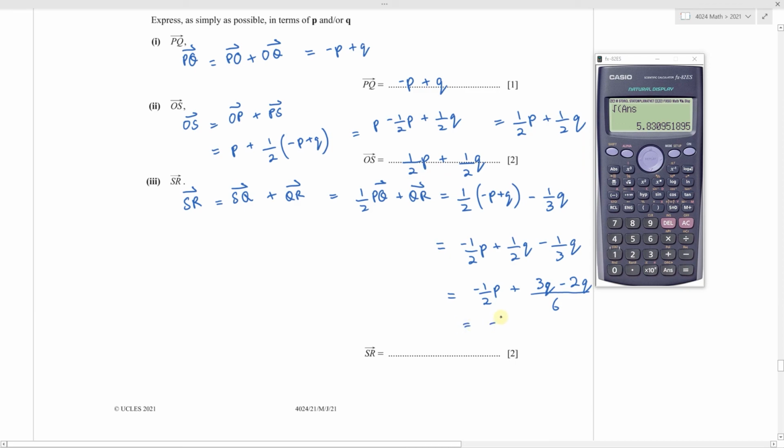So minus 1 by 2 P plus 3Q minus 2Q will be 1Q, so 1 by 6 Q. So your final answer is minus 1 by 2 P plus 1 by 6 Q. That's how you'll calculate the vector SR. So this is the end of paper 2, variant 1 for May June 2021.